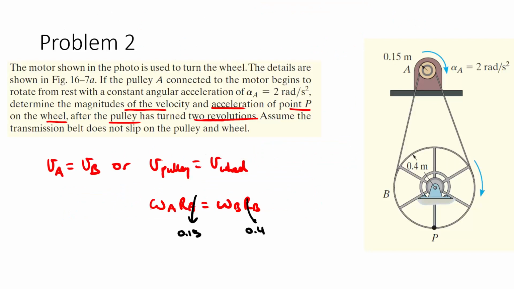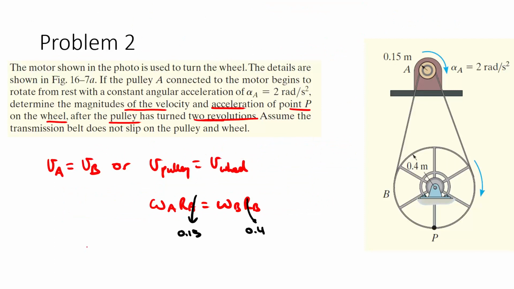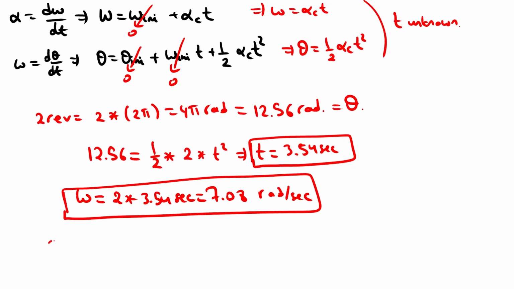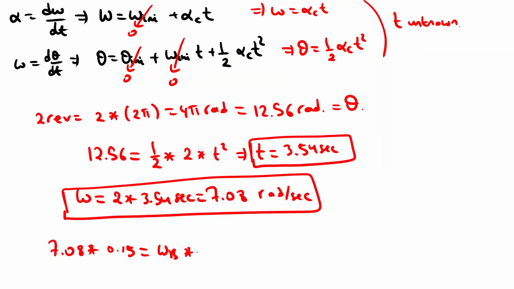Okay, and then I can put omega A here and find omega B. So let's do that one by one. From here, 7.08 times 0.15 equals omega B times 0.4.